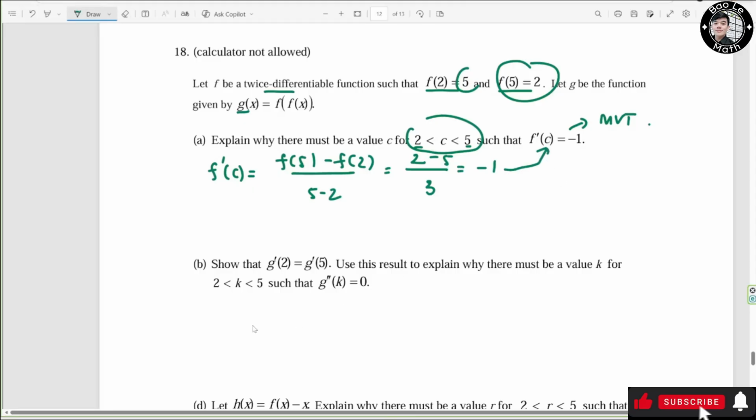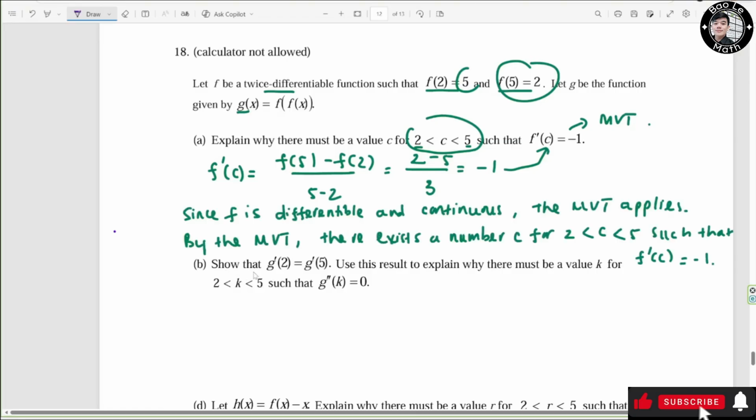So you need to say that since the function f is continuous and differentiable, the mean value theorem applies. So by the mean value theorem, there exists a number c between 2 and 5 such that f prime of c equals negative 1.